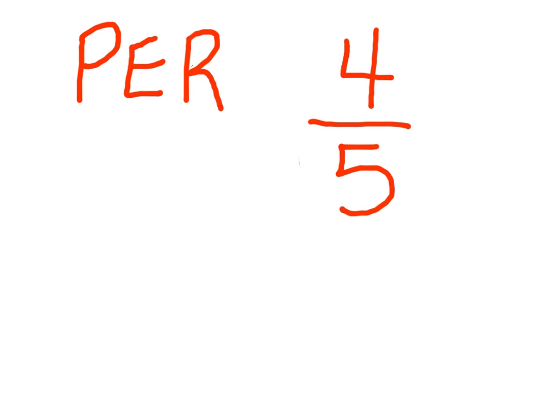Okay, so just a little note about using the word per. This is the word that we are now using when we're talking about rates. We used to say, or we say when we have ratios, 4 to 5.